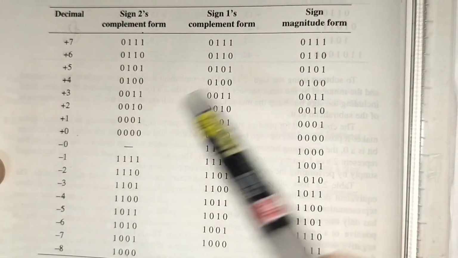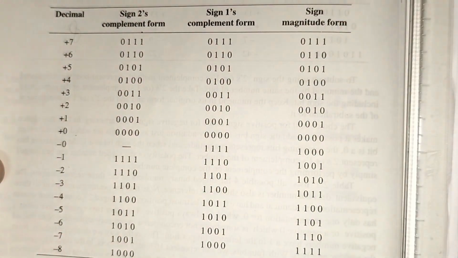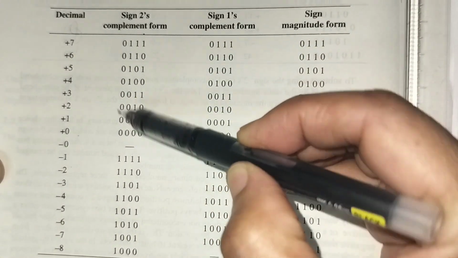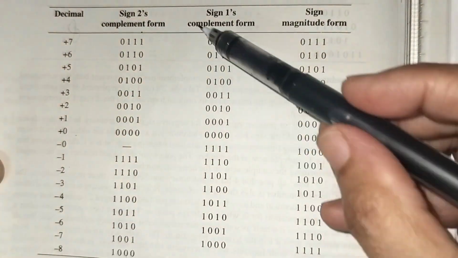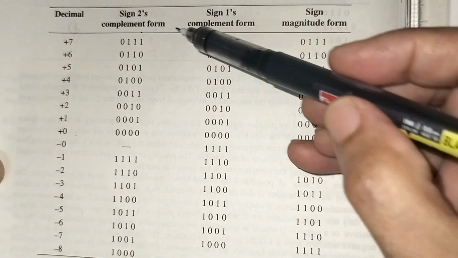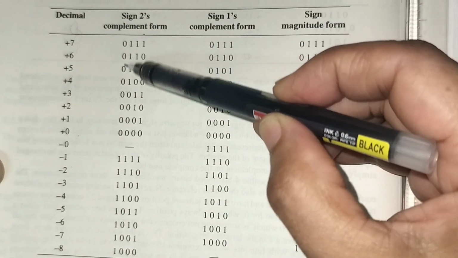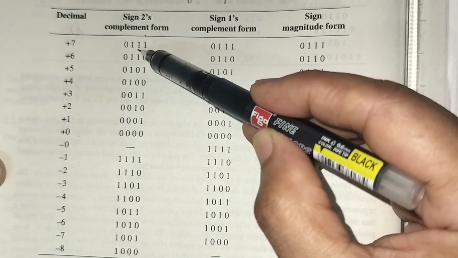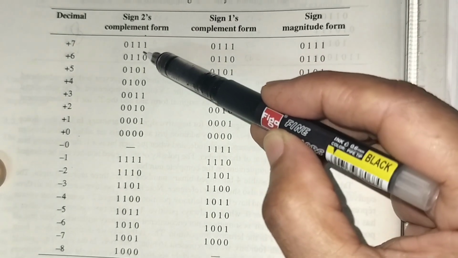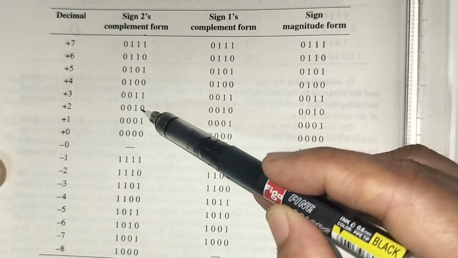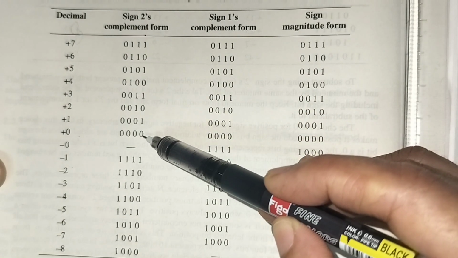We can see here the first digit is 0, and this 0 represents the positive sign. Remember, these are 4-bit numbers. So the first bit represents the sign, and the rest are the number itself. This is 7, 6, and this is 5, 4, and this is 3, 2, 1, and this is 0.